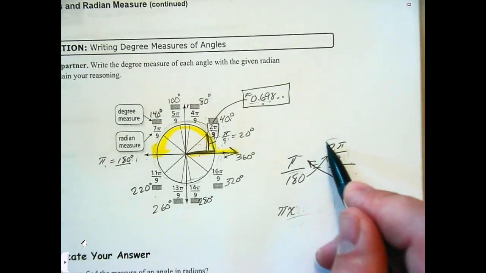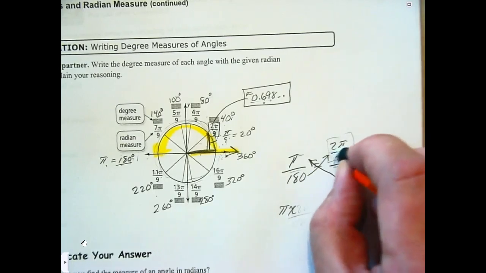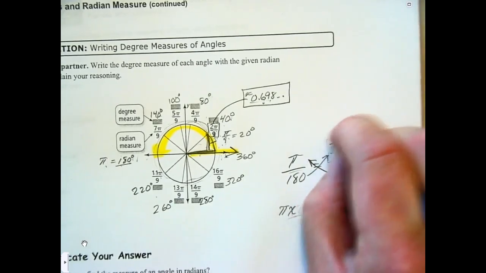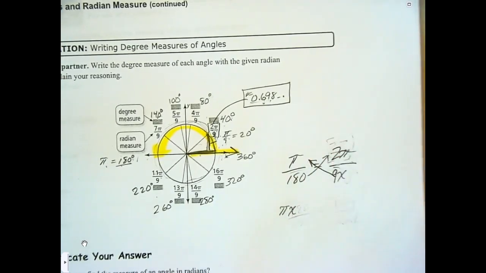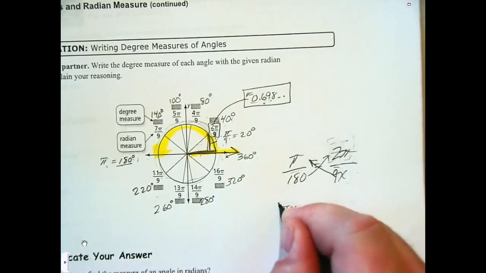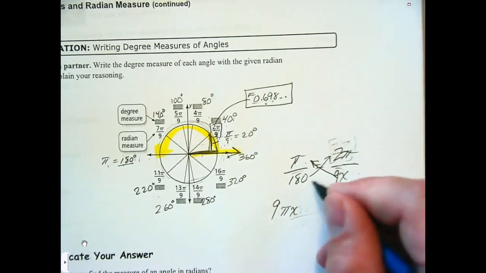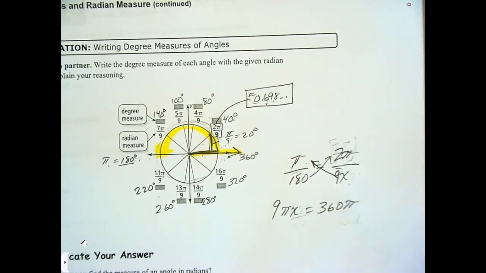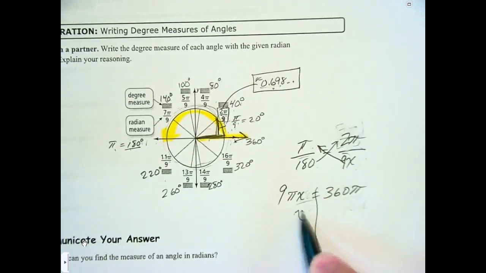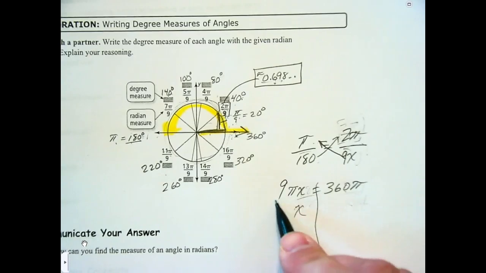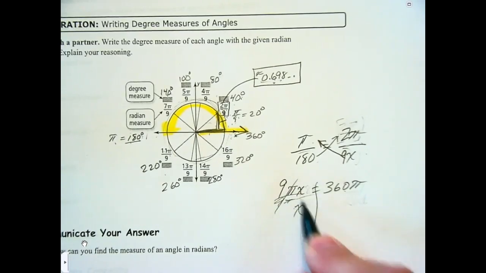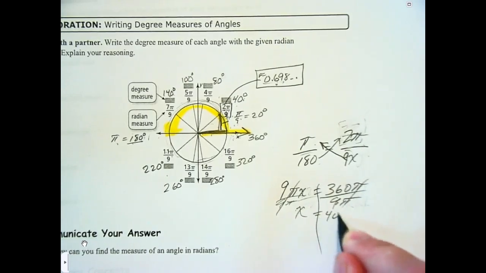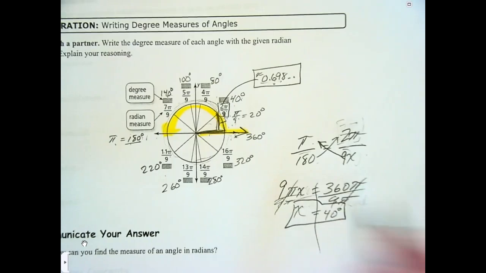So anytime you put a fraction like this up here, this little 9 can actually just drop down to the denominator. That just makes 2 pi over 9x, which means we have a 9 out here now when we cross multiply. And that gives us 360 pi. How do I get x by itself? Divide by 9 pi. It cancels here. When I divide by 9 pi here, I get 40. That's how many degrees. That's algebraically how you can solve.